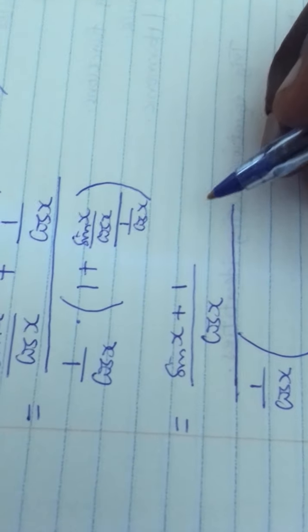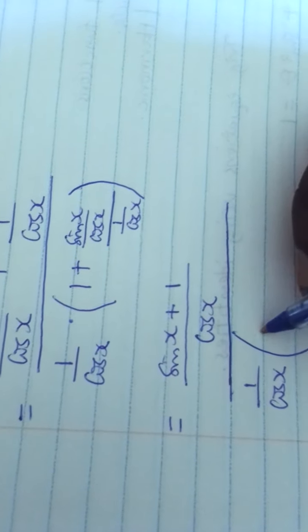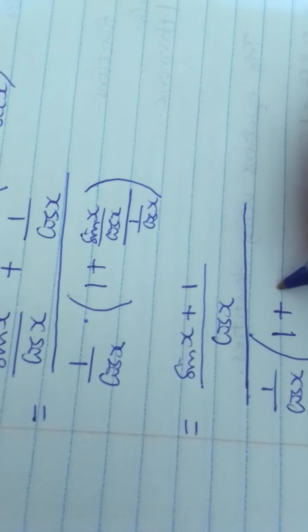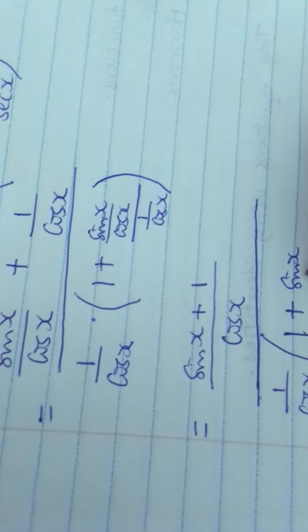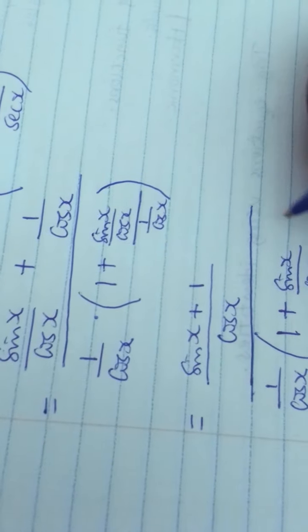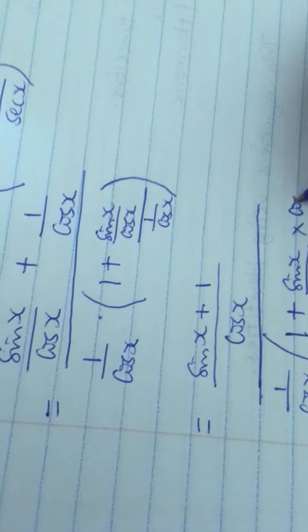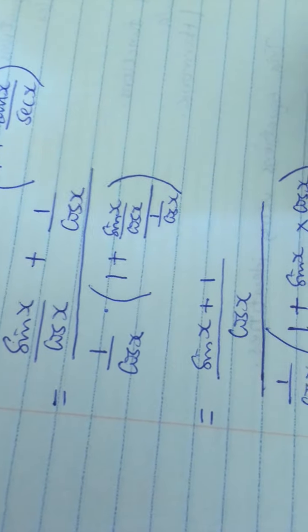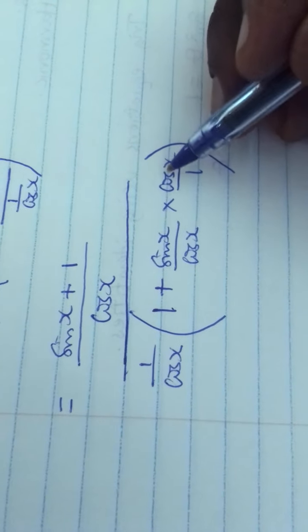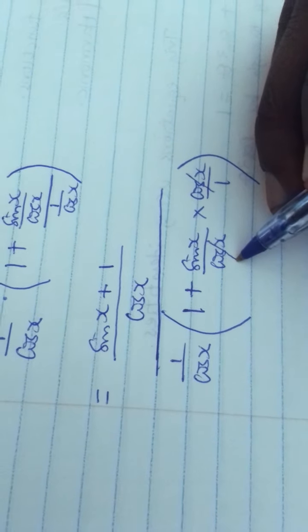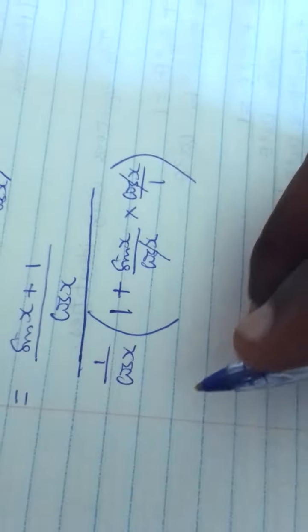Now simplifying the bracket, we shall have 1 plus sine x over cos x. Now if we introduce the multiplication sign, it will be times cos x over 1. So we are seeing that our cos x is going with the cos x. So we shall remain with what?